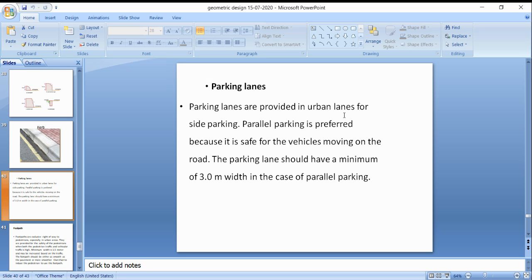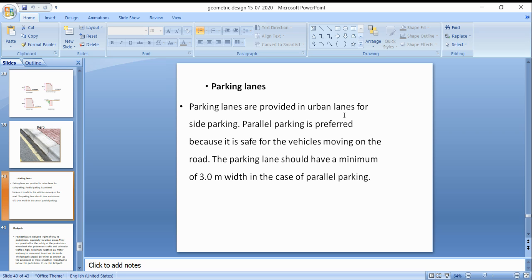So the vehicle which is moving on the road is safe because if the vehicle stopped at the side, it becomes difficult to the side road user.